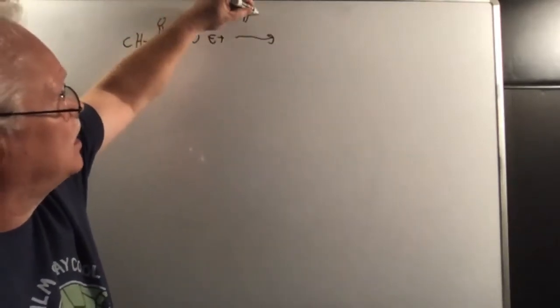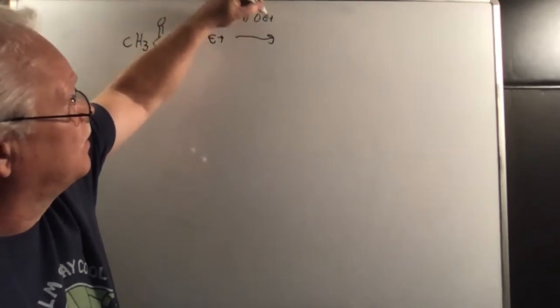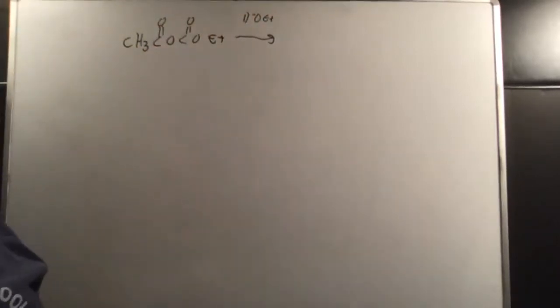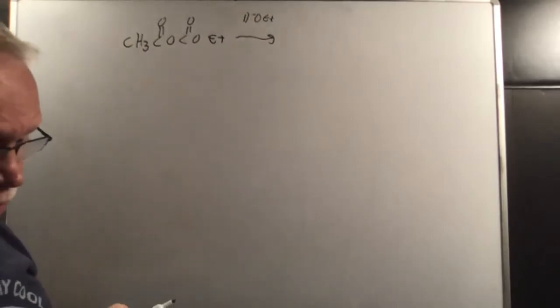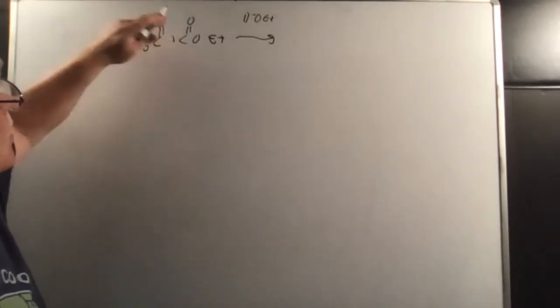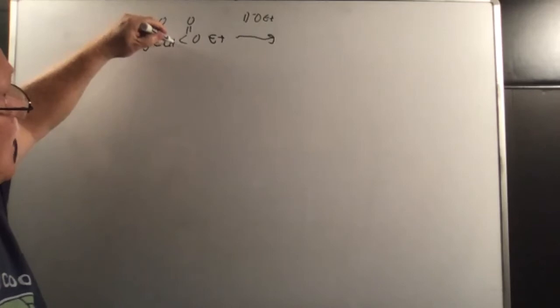Step one, again, is we're going to treat this with the unprotonated alcohol, so that is the base. And what does it do? Whoops, that's not an oxygen, that's a CH2, sorry about that.